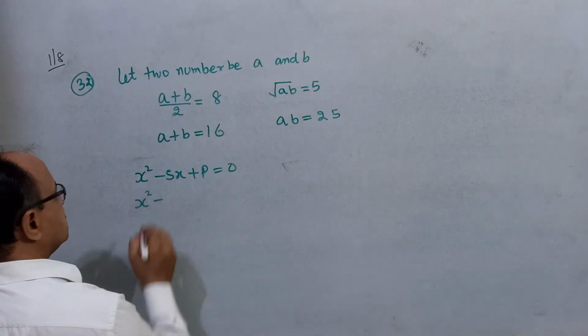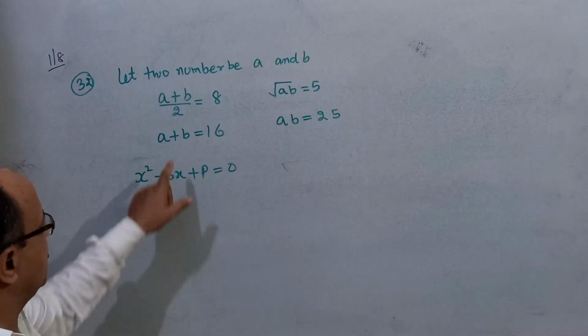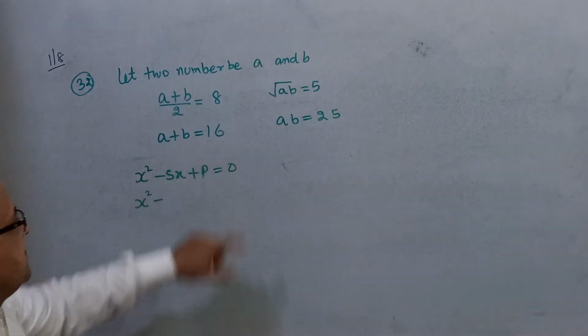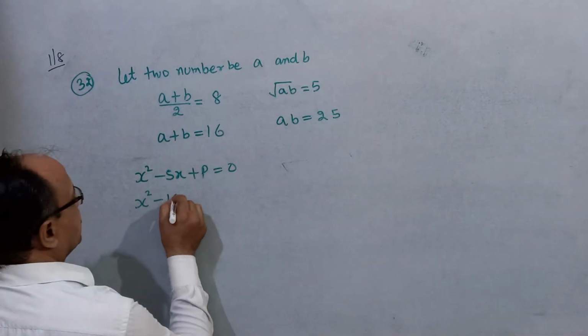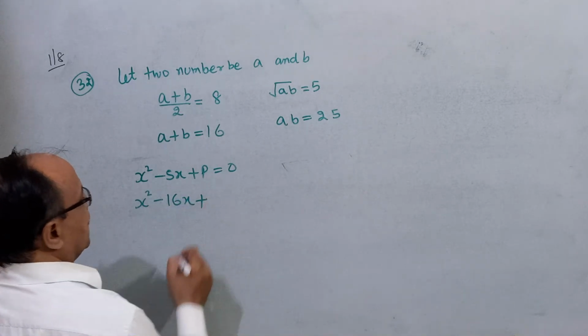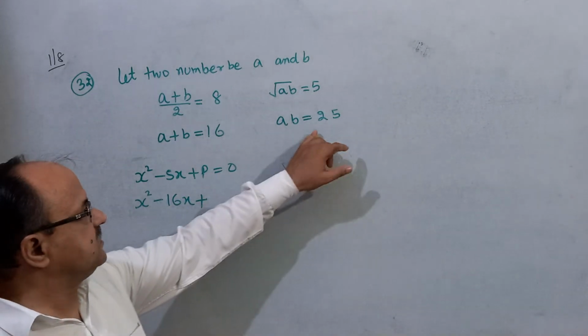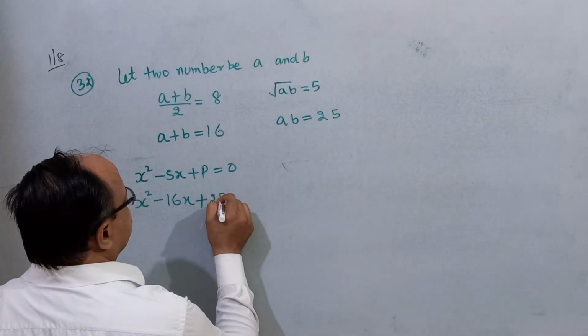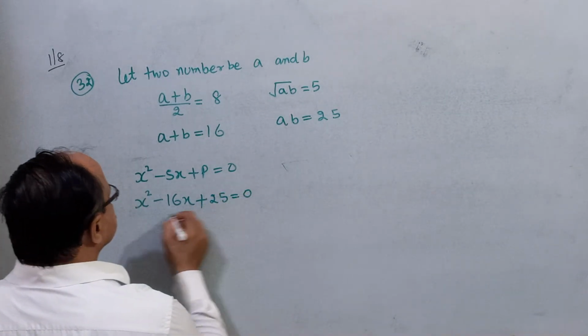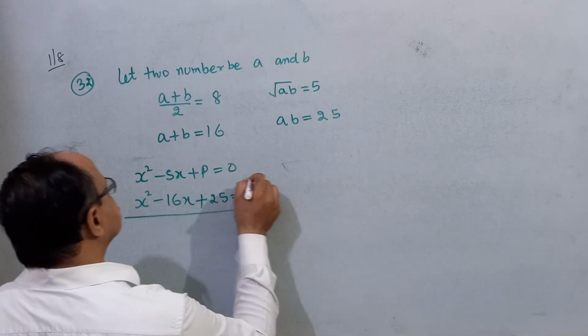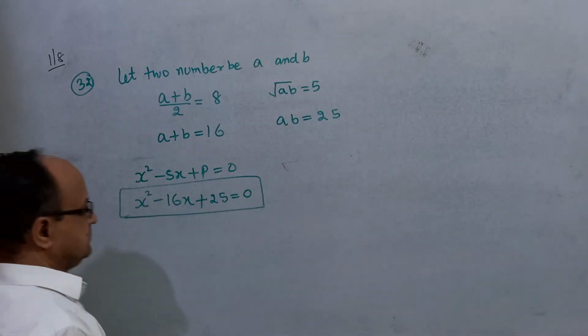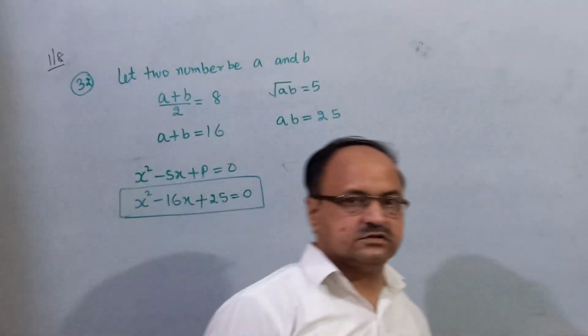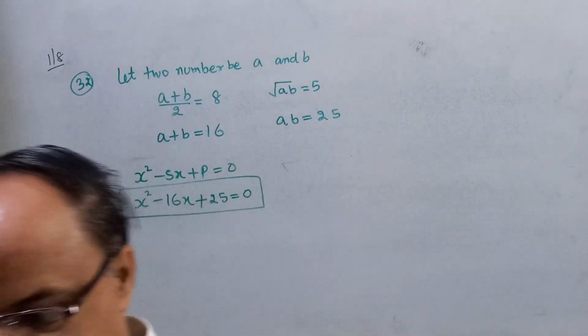If a and b are the roots, their sum is 16. You can write here 16. And P is the product of roots, that is ab, which is 25. This is the quadratic equation. Clear?